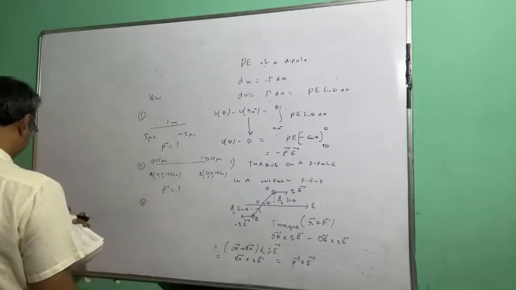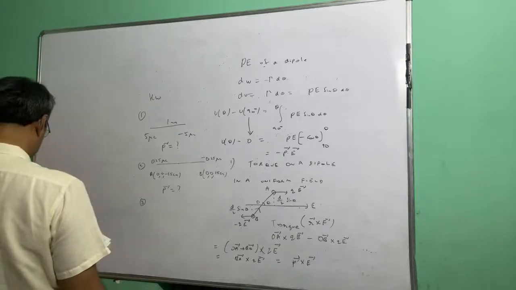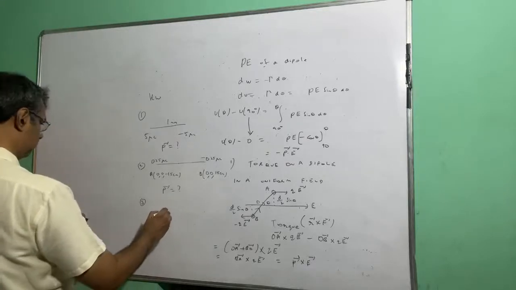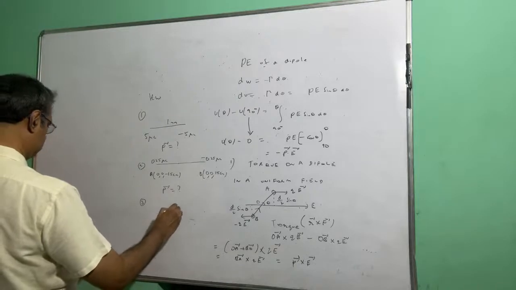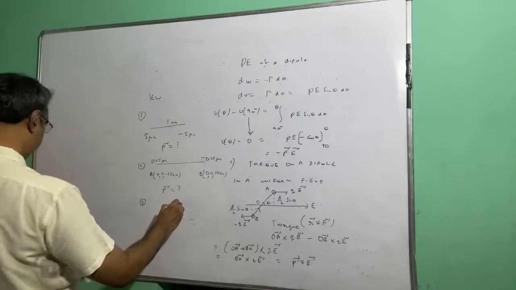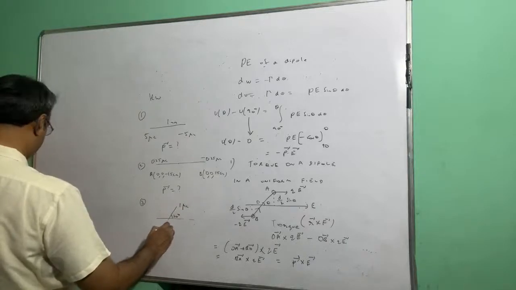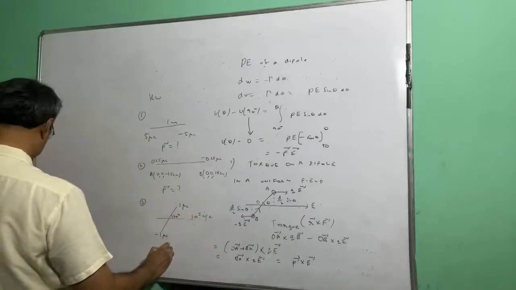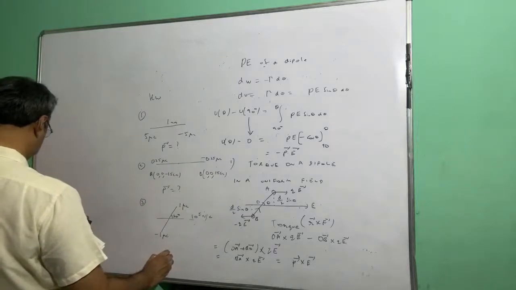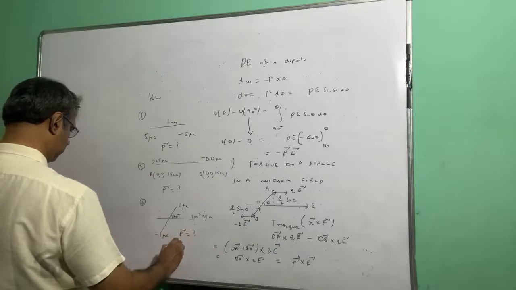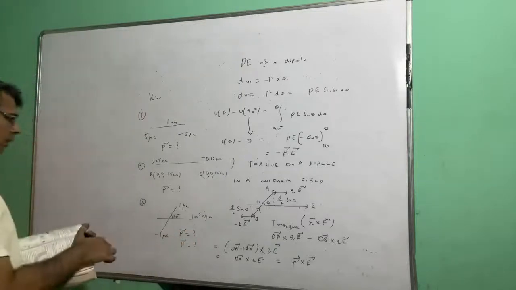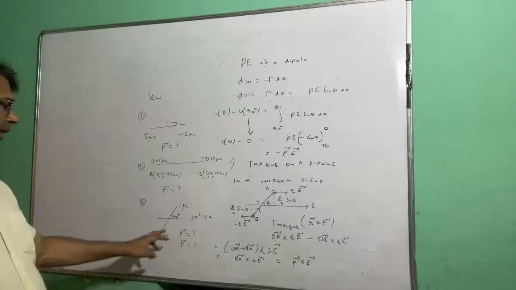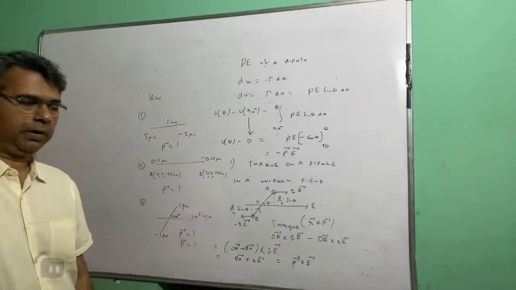Question number 3: there is a dipole of minus 1 microcoulomb and plus 1 microcoulomb which makes an angle of 30 degrees with an electric field of 10 to the power 5 newton per coulomb.